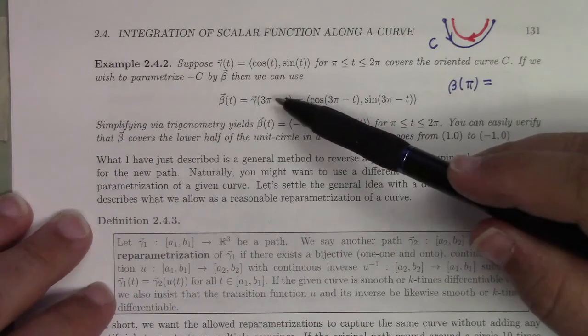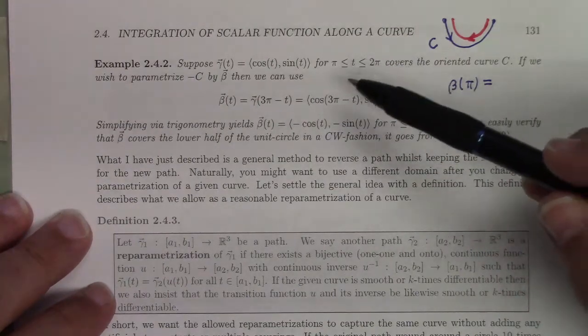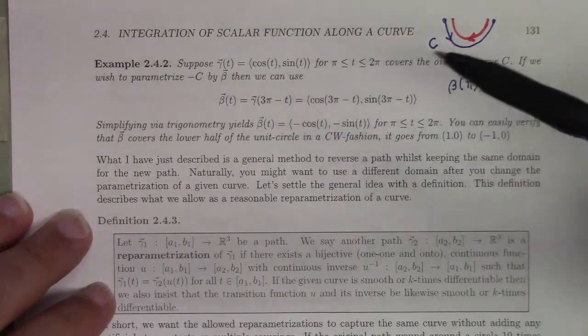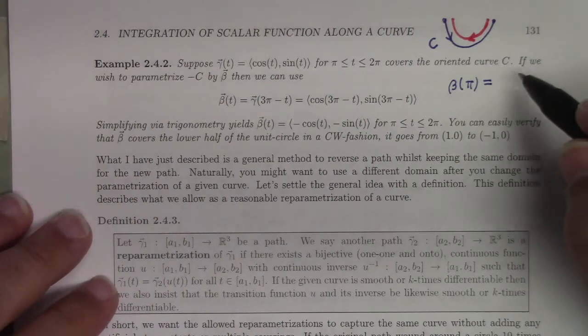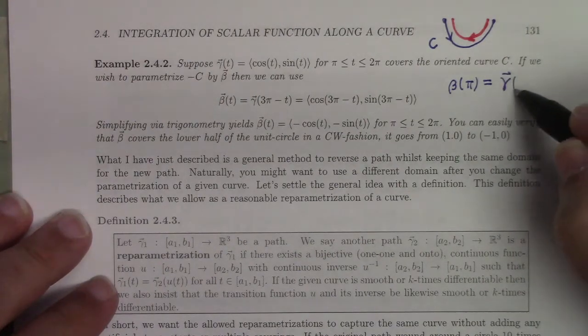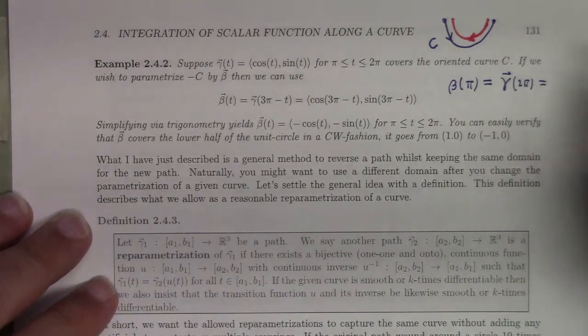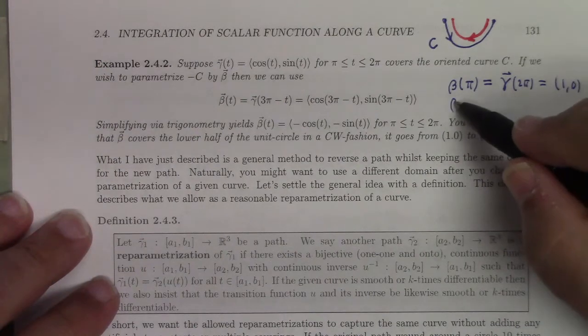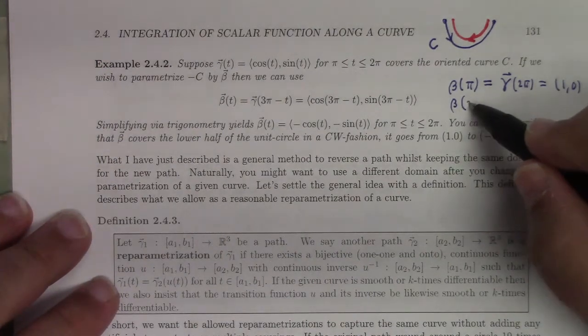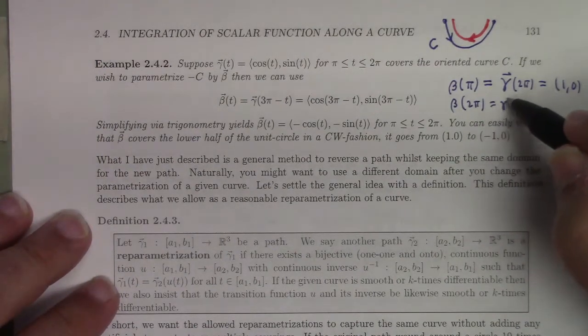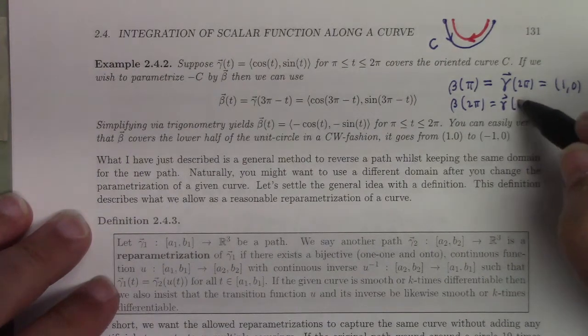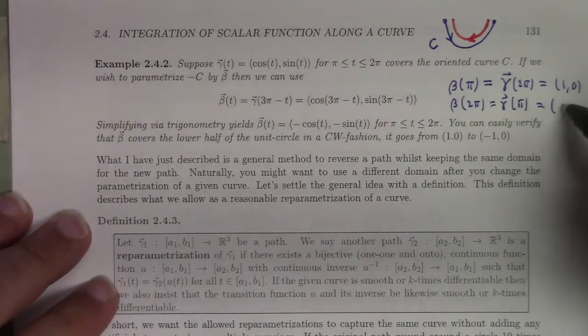Beta of pi, that would give me gamma of 2 pi, right? Which by construction is that point, 1, 0. And beta of 2 pi would actually be gamma of pi, which would be minus 1, 0.